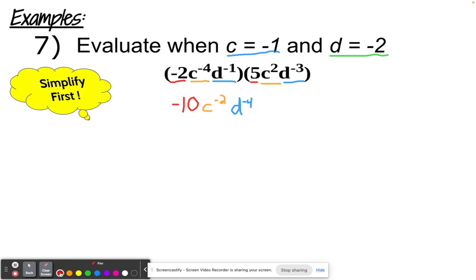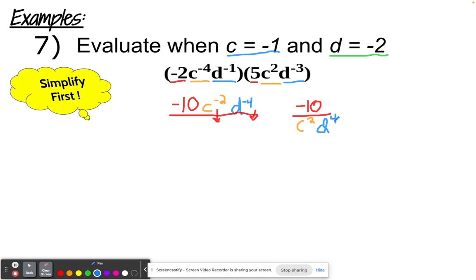Let's do some moving. My C and my D both need to go downstairs. That will leave me with -10 in the numerator. C to the 2nd power, and then D to the 4th power in my denominator.